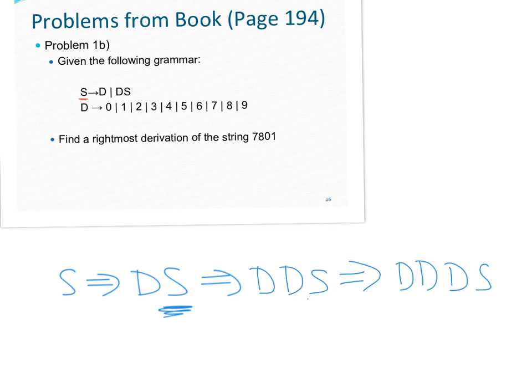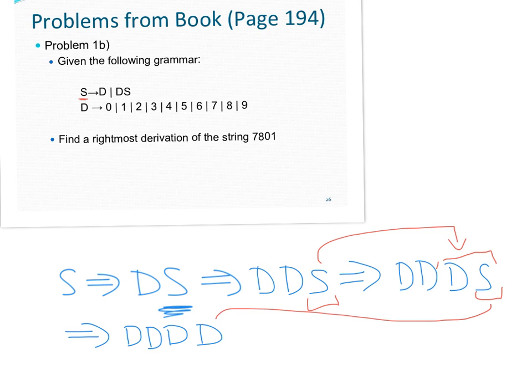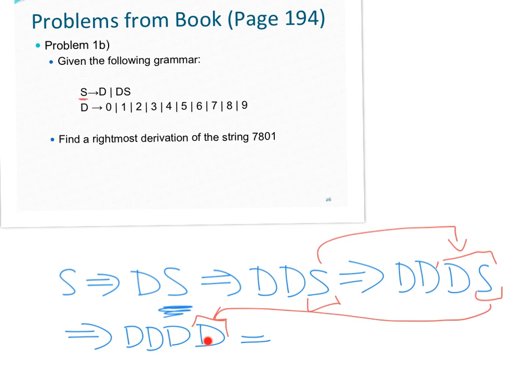So again, I'm expanding this S, the rightmost non-terminal, into DS. And we'll expand that into D, D, D. And this last time, I'm going to turn this S just into a D, right? And then again, we're doing a rightmost derivation, so now we need to expand this D here on the right.